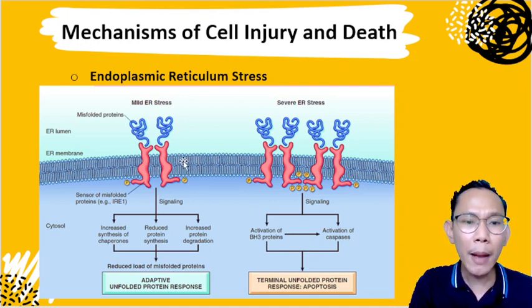Ang gagawin niya pag naka-attach na tong misfolded protein, it will cause now a signal to increase the synthesis of your chaperones. Ano bang trabaho ni chaperones? Later on, malalaman natin. Increase the synthesis of your chaperone or reduce protein synthesis kasi nga tumadami na yung misfolded proteins and we don't want to produce more misfolded proteins.